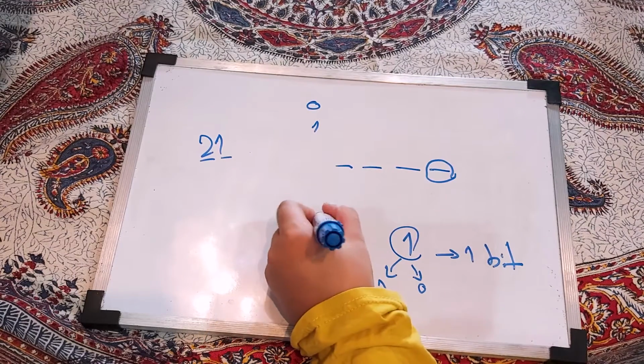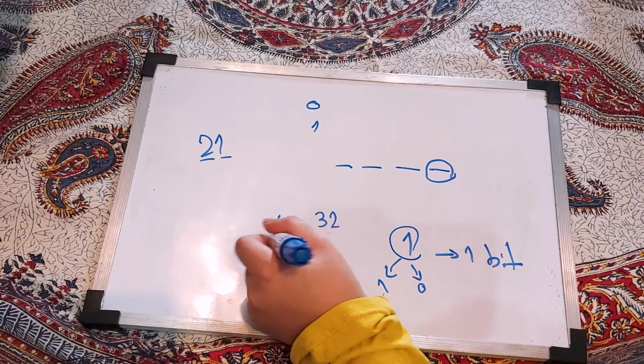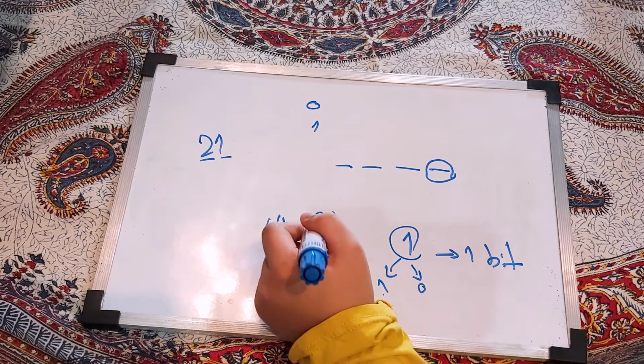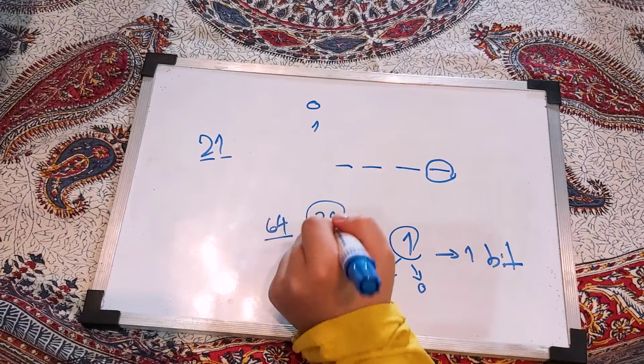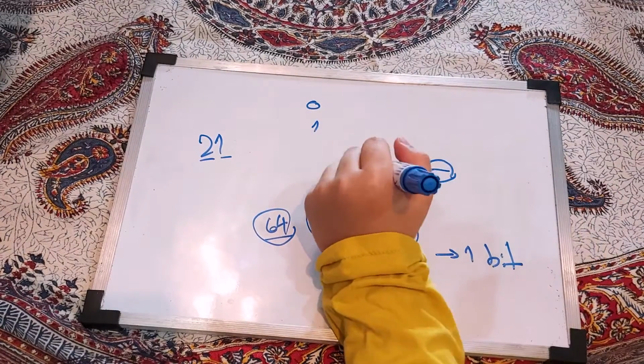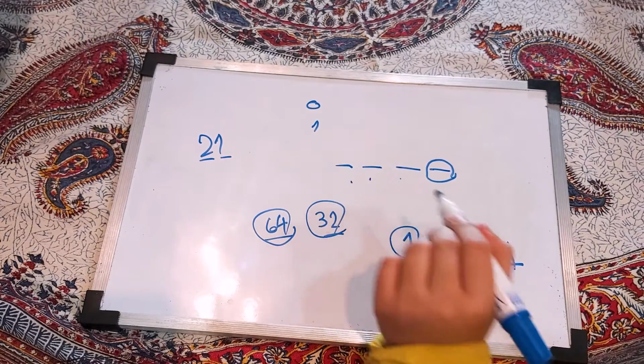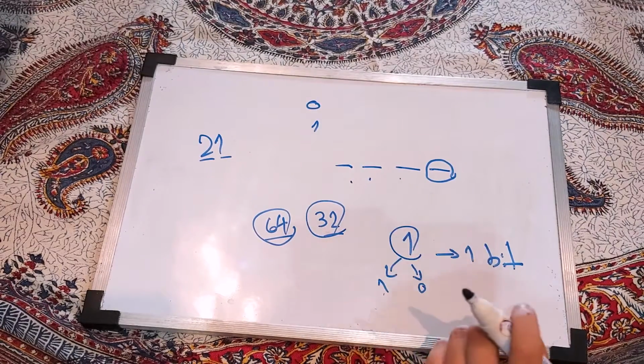Computers nowadays use 32 bits or 64. I'm sure you've heard of these. For example, we have a 32-bit version of Windows or 64 version of Windows. But for now, for sake of simplicity, I'm using a 4-bit system to show this to you guys.